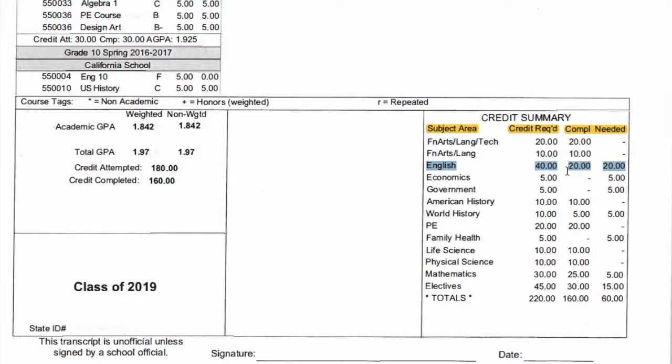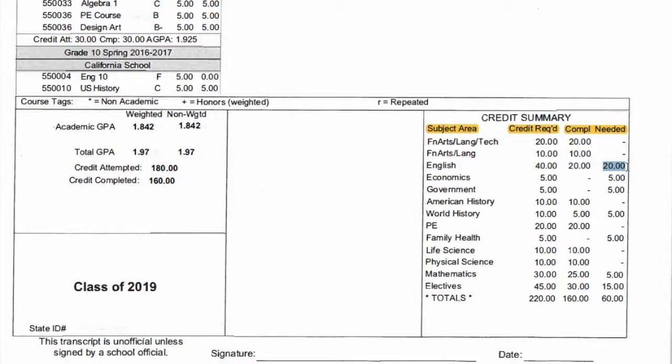Another question. If this student has completed their 11th grade of high school, how many years of English should they have completed, and what number should be in this column? That's right. If the student hadn't failed any English classes that they took, then they would have earned 30 credits. They would only have 10 left, and that would be a way to show that they're completely on track.